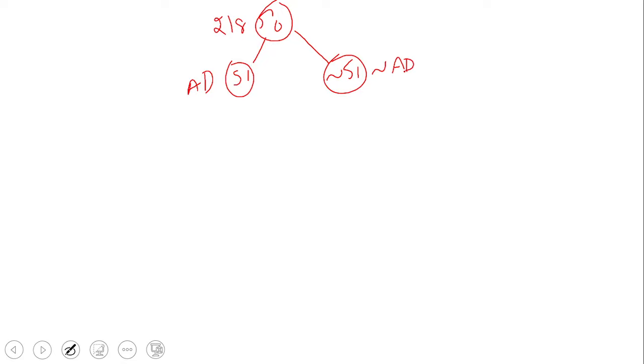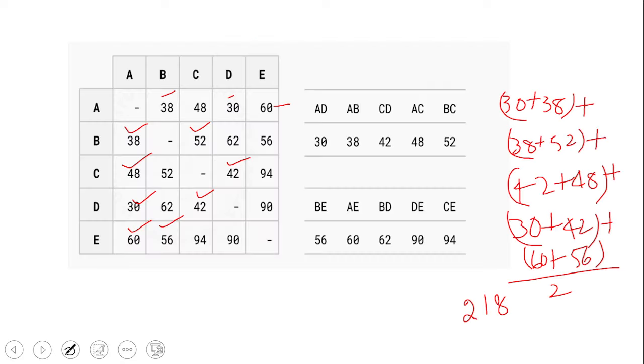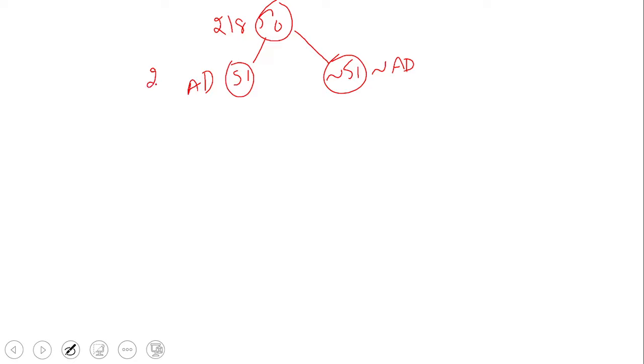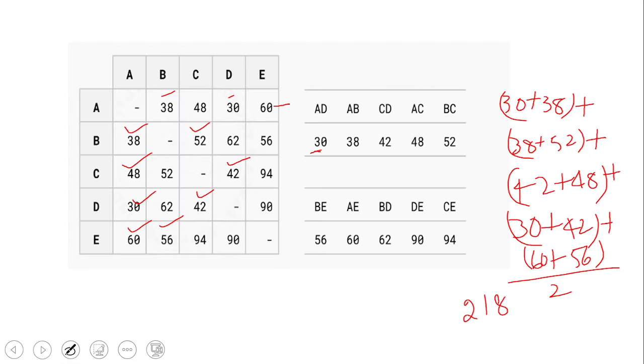In the first one, AD is 30, so 30 has to be included, and if we include 30, we calculated it as 218. Not AD means that if we are not including AD as a path in your tour, you should not consider this 30 whenever you are calculating this one.